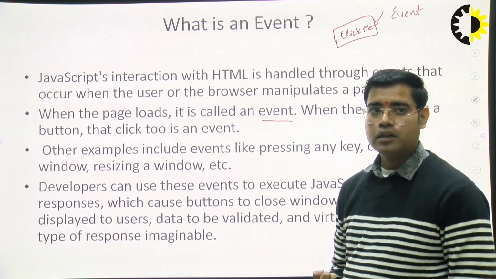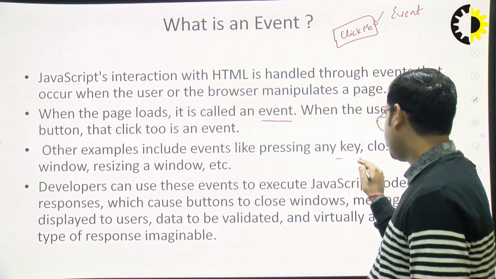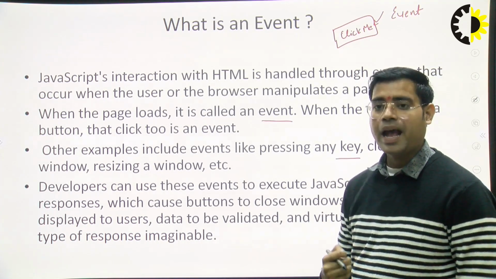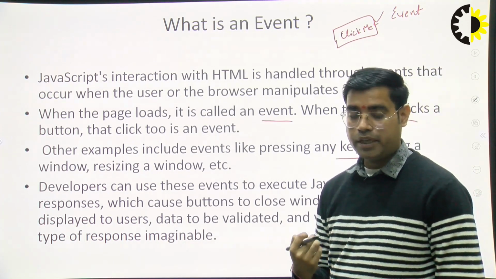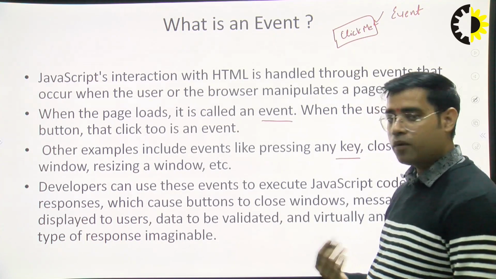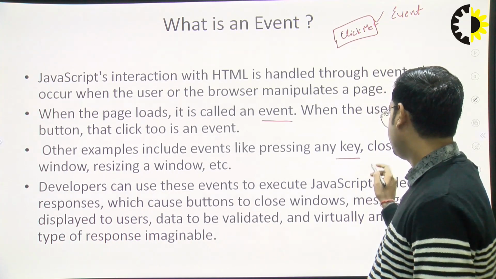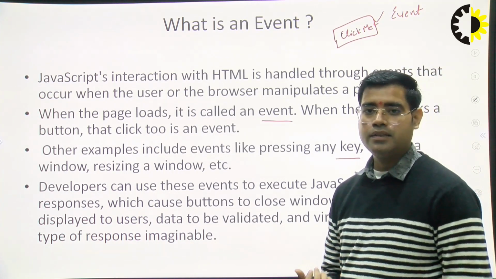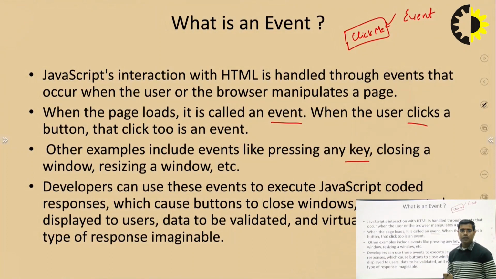Other examples include pressing any key. So if you press any key on the keyboard, this is also a type of keyboard event. Then closing a window, resizing a window, etc. So these are the examples of events.